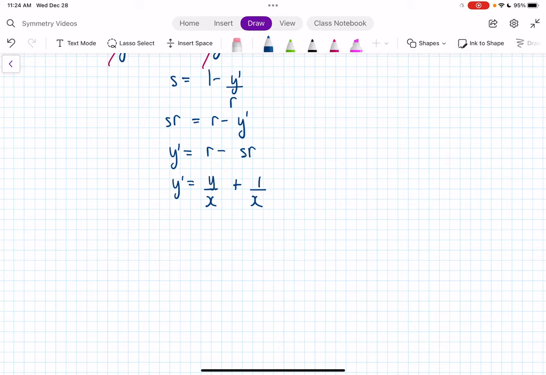Okay, so we can rewrite this, so it now will just say dy over dx, which means the same thing. But we're going to write it in that format so that we can see now we have another separable equation that we are going to then solve.